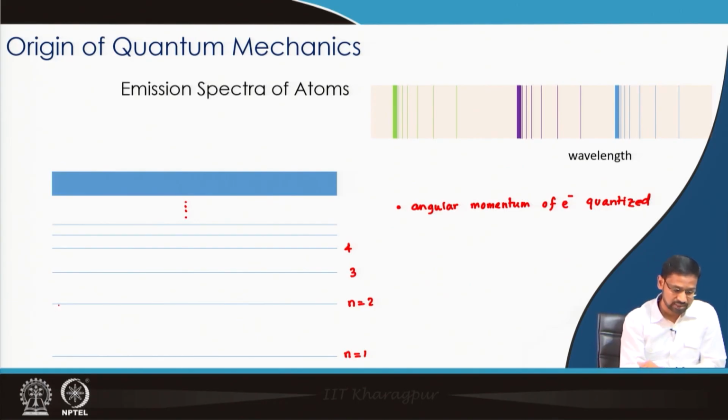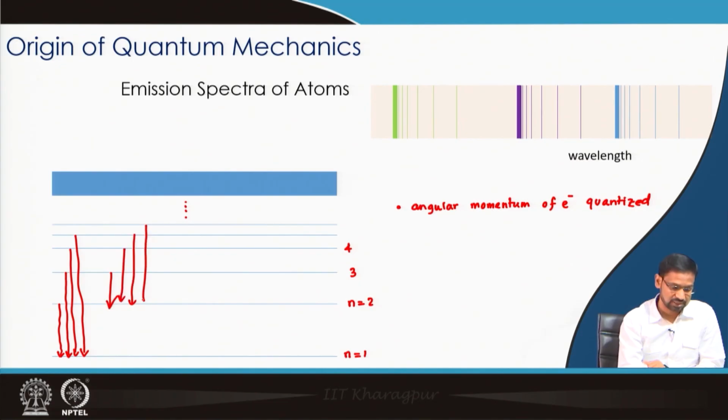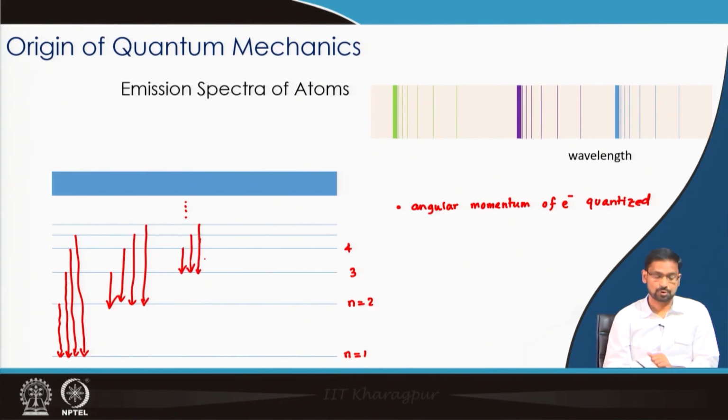Bohr said that the emission spectrum is obtained when the electron jumps from a higher energy stationary orbit to a lower energy stationary orbit. So, we see, by drawing this way, we can reproduce different series, either Lyman series, Balmer series, Paschen series, and so on and so forth.